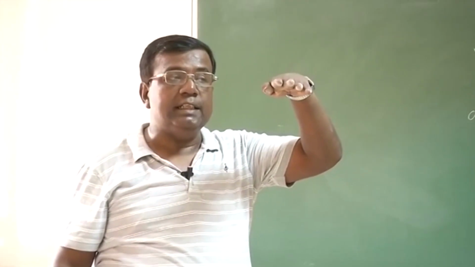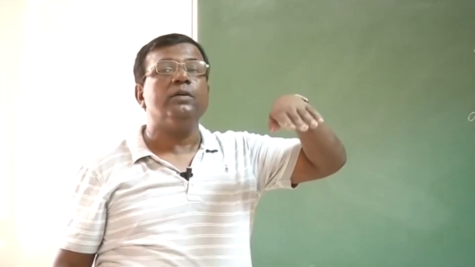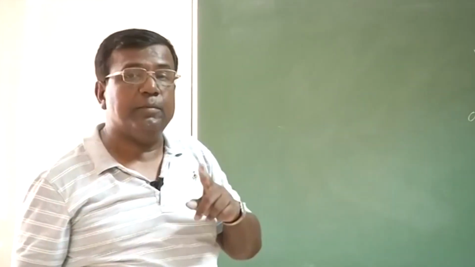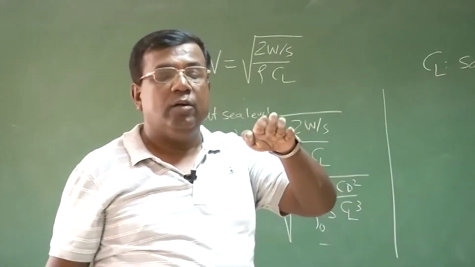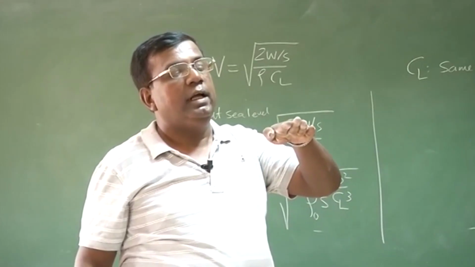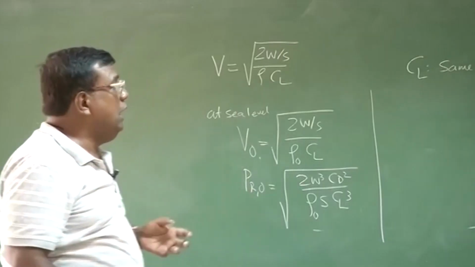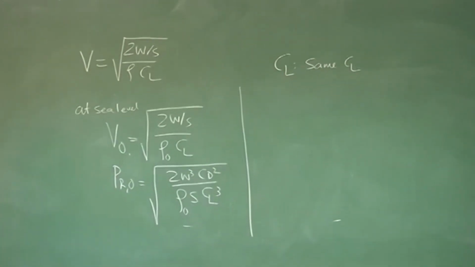Since density has reduced, I must compensate that loss of lift through velocity, increasing the speed, if I am keeping the CL the same, right? Because CL is achieved by the orientation of the airplane. Whatever CL is required, I have to orient the airplane in such a way that I get such an angle of attack so that CL is the desired CL. Now we are keeping the same CL, so we have to compensate through velocity.